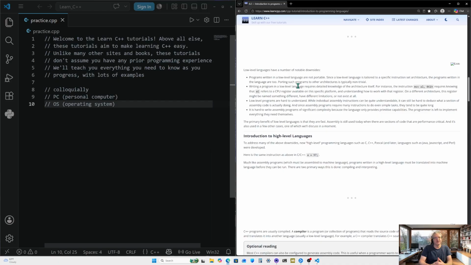The programmer is left to implement everything they need themselves. The primary benefit of low-level languages is they are fast. Assembly is still used today when there are sections of code that are performance critical, and it's also used in a few other cases, one of which we'll discuss in a moment.